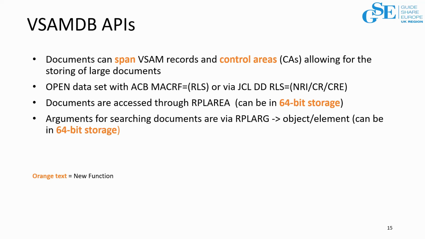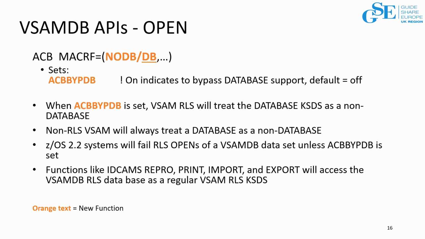And so now that can all be 64-bit storage to allow for much larger records. That is the one enhancement, and Terry may be able to correct me later. There could be others, but I think that was the big one that we added from a base VSAM perspective as well. Well, Barb, rather than saying base VSAM, it would be for non-VSAM DB RLS.